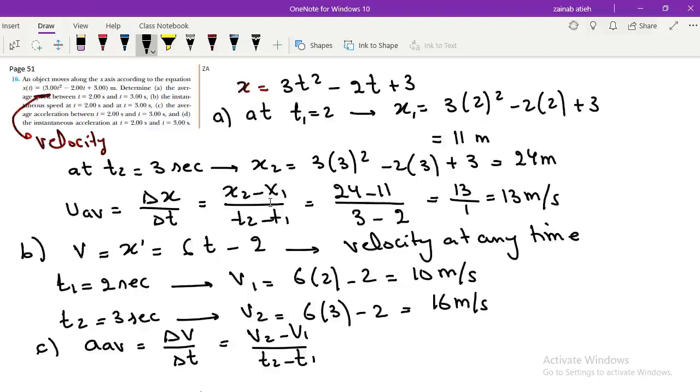So I have to substitute the numbers that I have already found. I will get 16 minus 10 over 3 minus 2, I will get 6 over 1, it's 6. The unit for acceleration is meter per second squared.